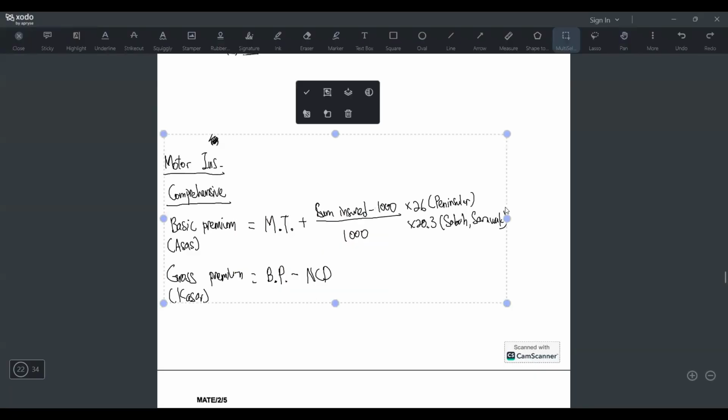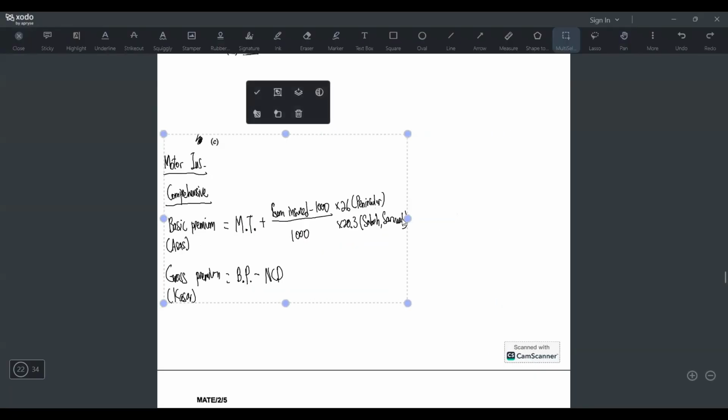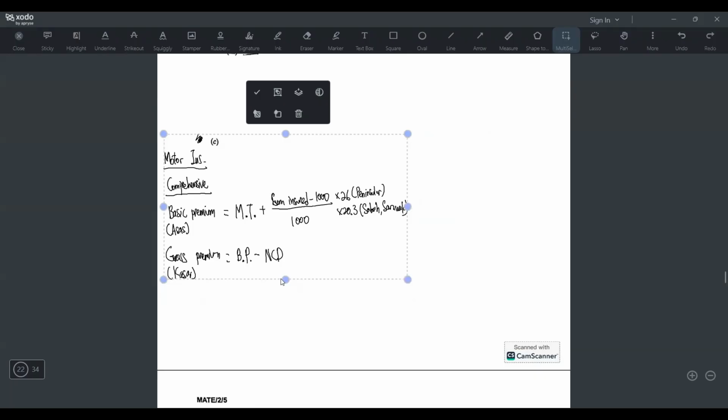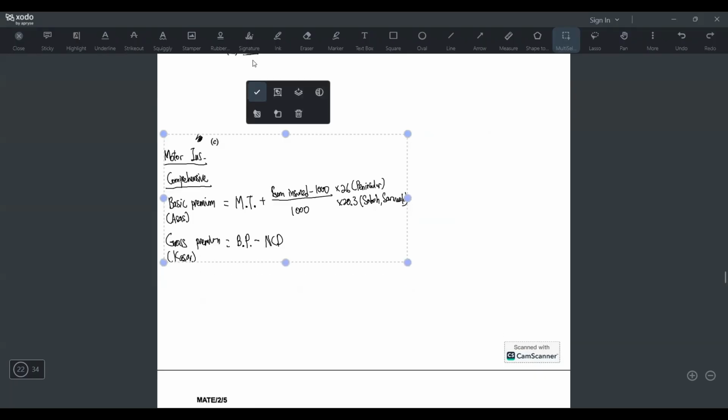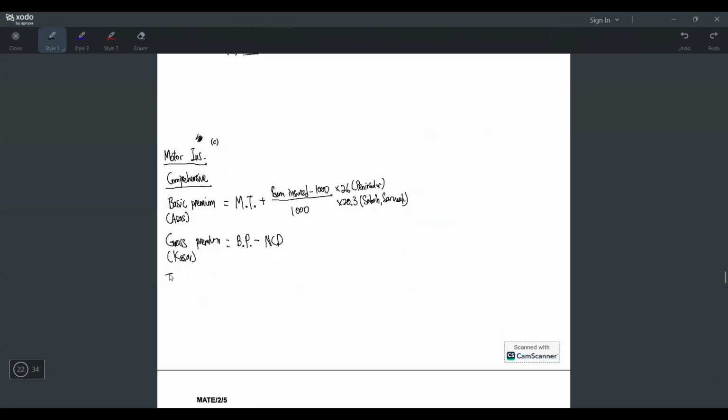Let's talk about another formula. So now let's talk about third party, fire and theft. In Bahasa Melayu it is pihak ketiga, kebakaran dan kecurian. So for the third party fire and theft policy, how to get the basic premium?